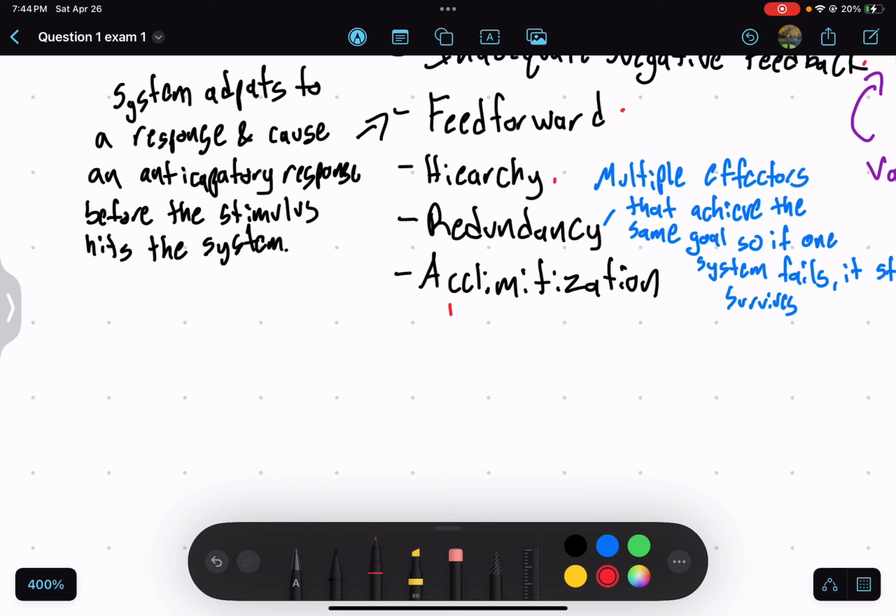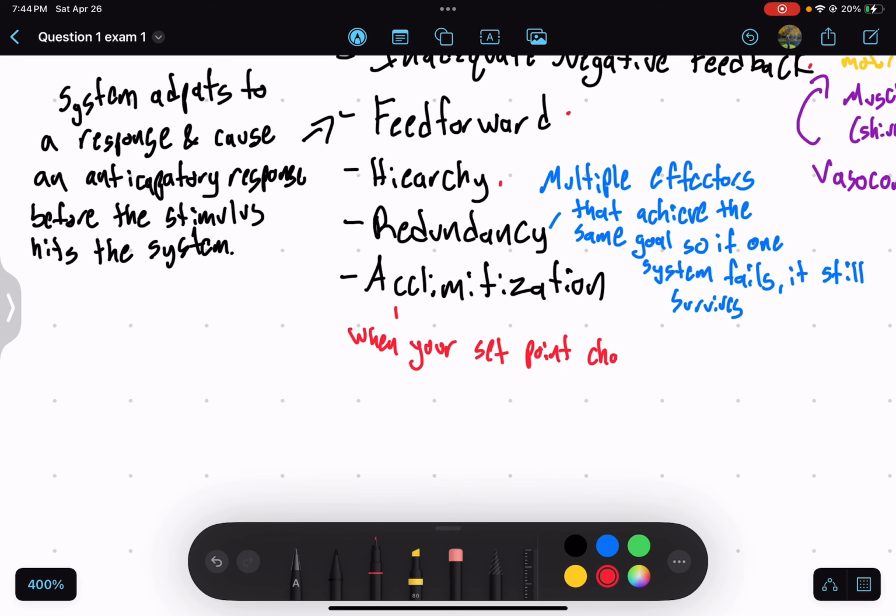Acclimatization is when your set point changes to adapt to consistent surroundings.